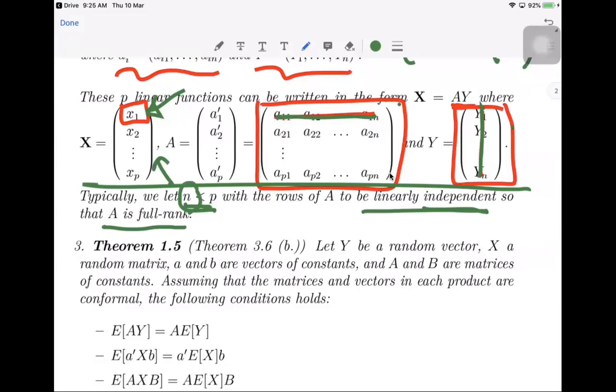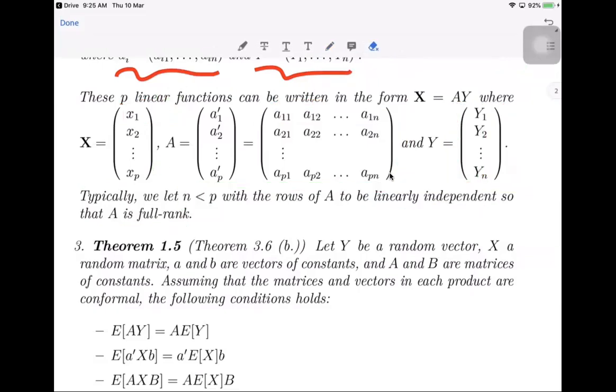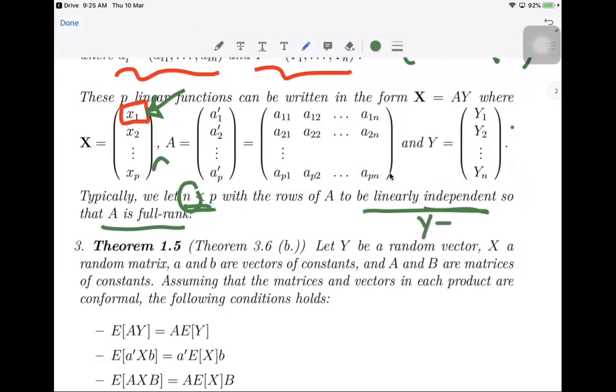For X to be full rank and X prime X to be invertible and X prime X inverse to exist. So later in the application in regression analysis, you see that y is equal to x beta plus epsilon.